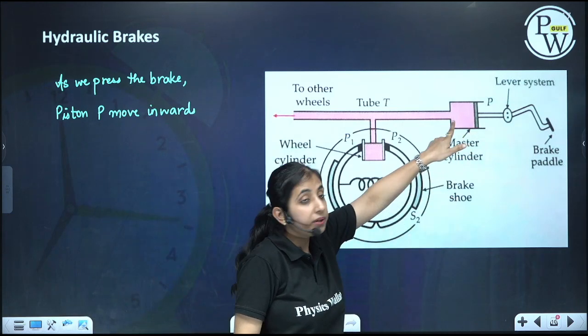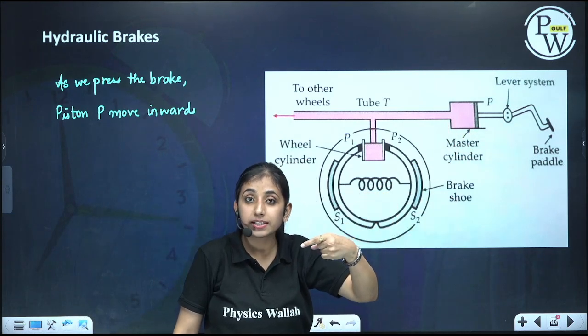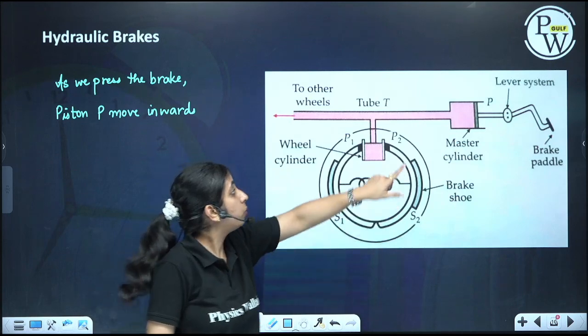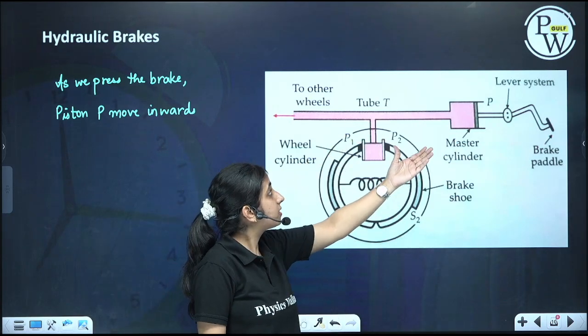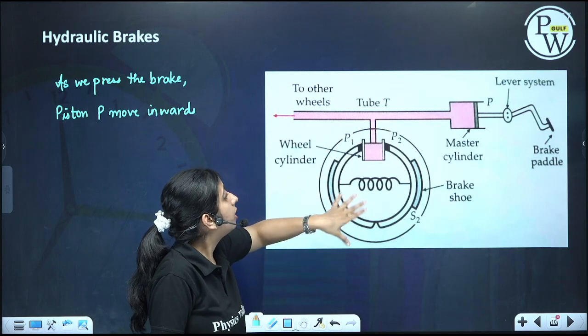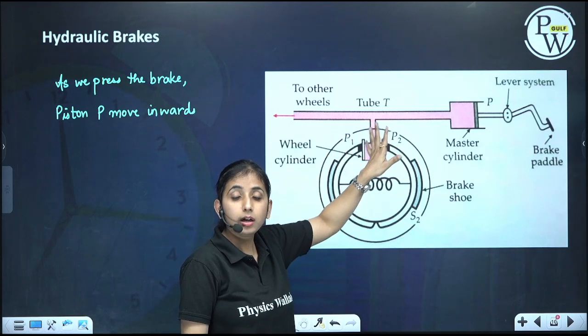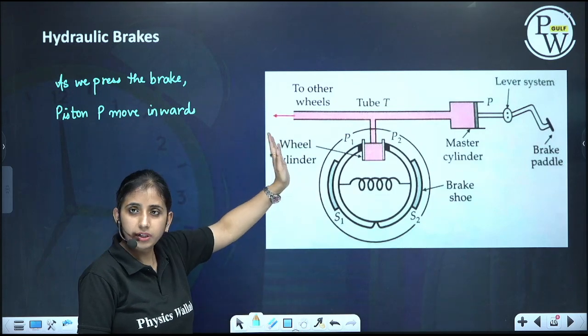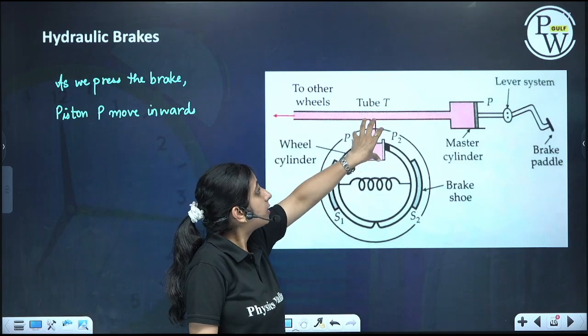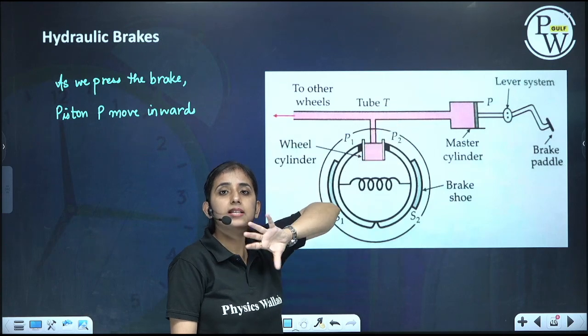If piston P is moving inwards, pressure is exerted at one point of the fluid, which is transmitted equally at every point. Now this master cylinder is connected to the two pistons of the wheel cylinder, P1 and P2, and to the other wheel also, by a tube T containing some liquid.